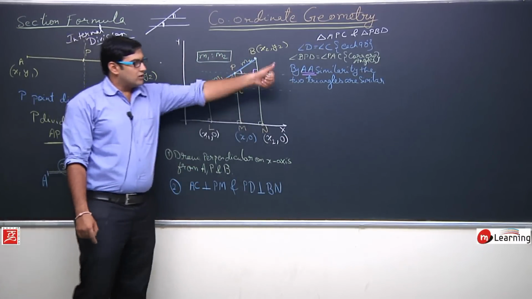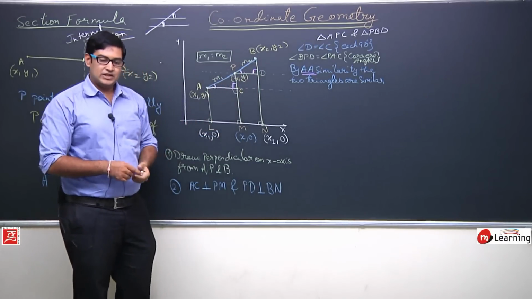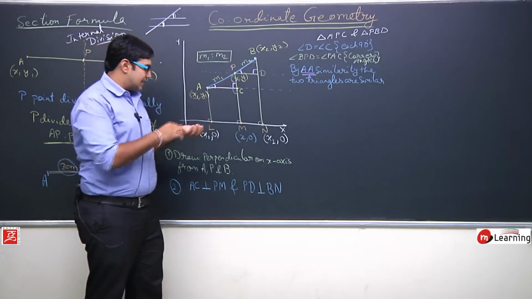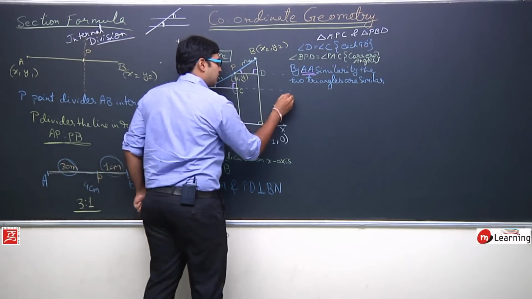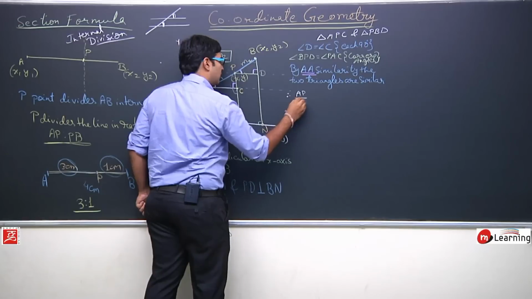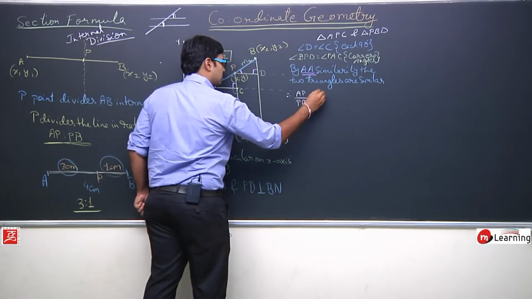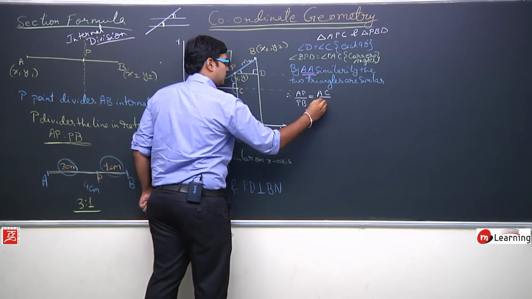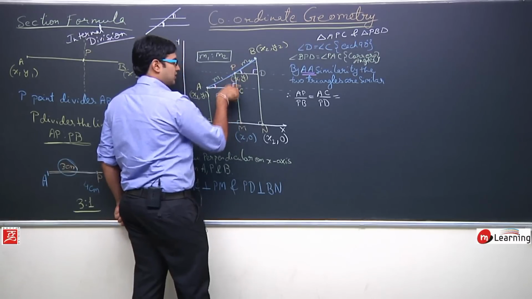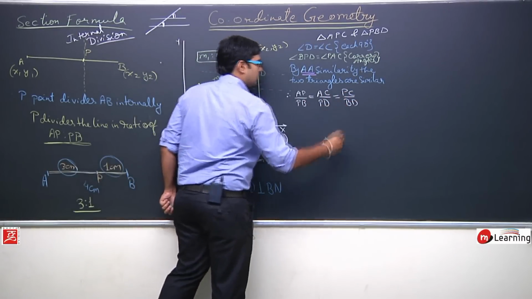Now if these two triangles are similar, then the ratio of the corresponding sides is definitely the same. So in these two triangles I can write, therefore, AP upon PB is equal to AC upon PD is equal to PC upon BD.